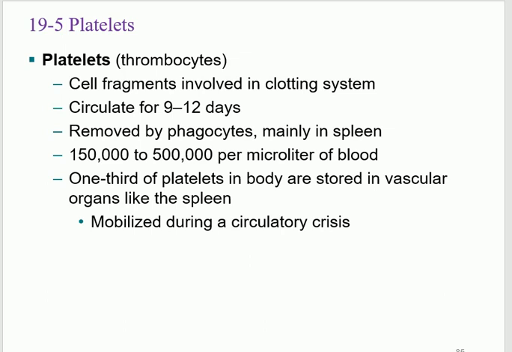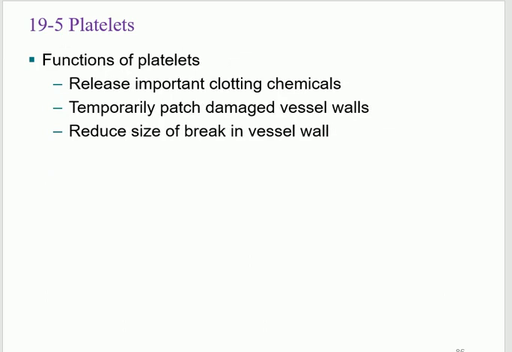These circulate for 9 to 12 days only, and then they will be removed by the spleen. This is a normal number, 50,000 to 500,000, which is still way less than the 5 millions of the red blood cells.